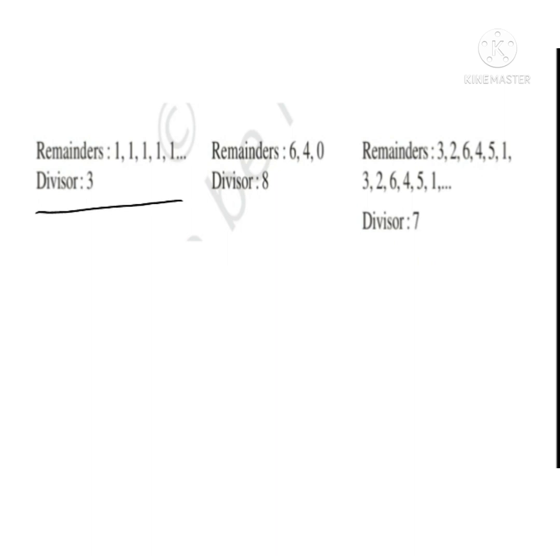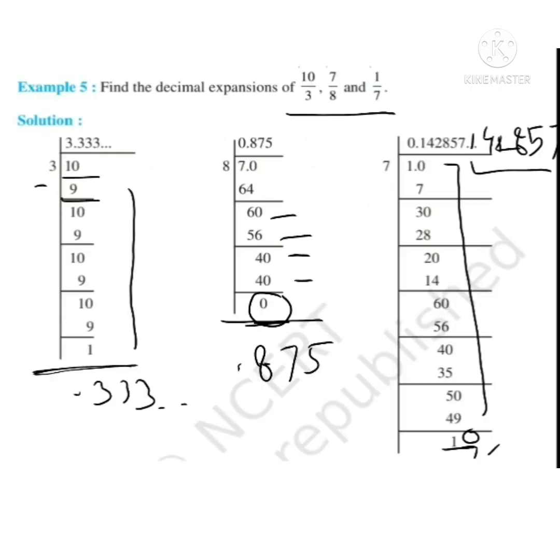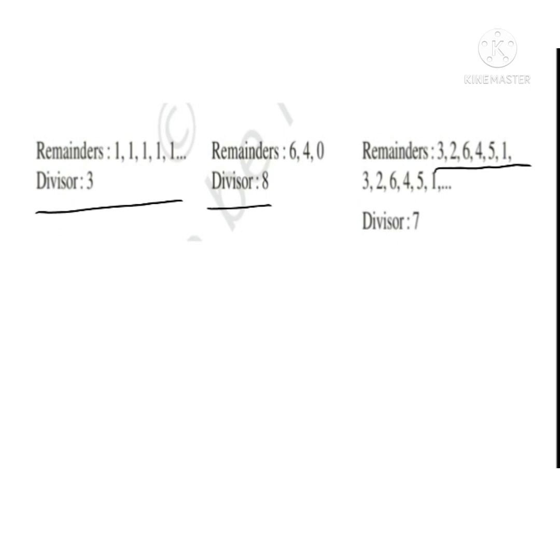For 7 by 8, the divisor is 8 and the remainders are 6, 4, 0. For 1 by 7, the remainders are 3, 2, 6, 4, 5 and again 1. Here the remainder is 0, and in 10 by 3 the remainder is 1, 1, 1. That means all are the same.